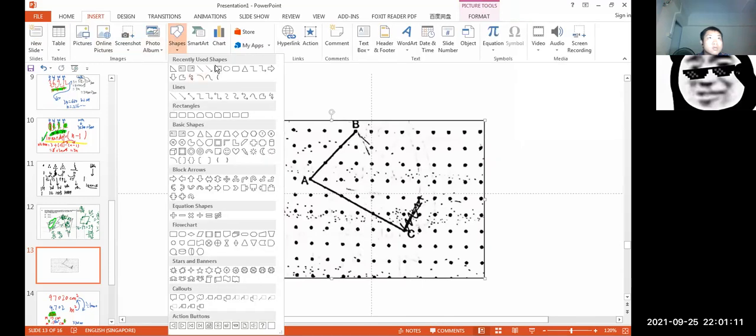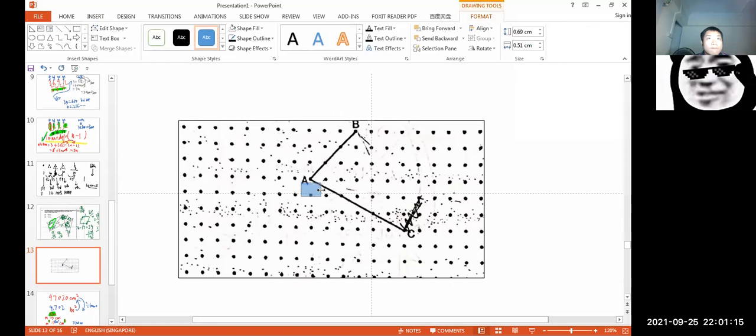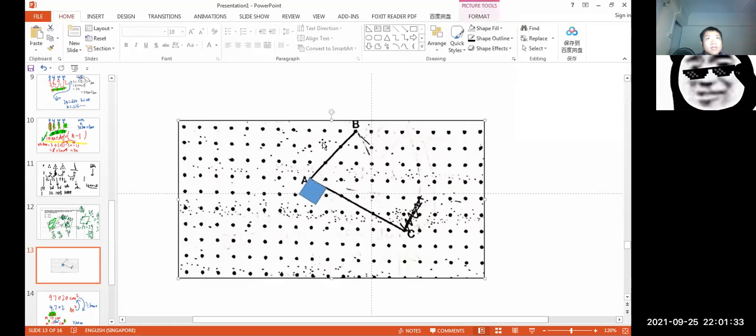So just give yourself a 90 degree. So this will guide you where you should draw this AX. Does it make sense?